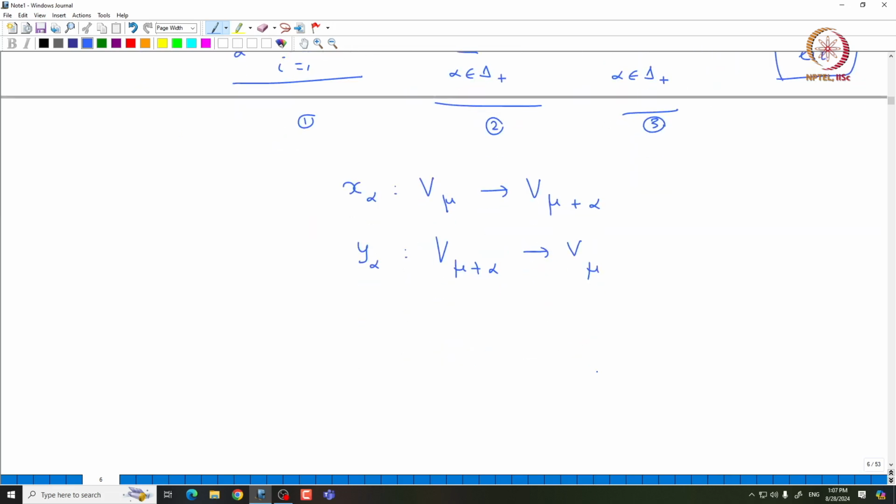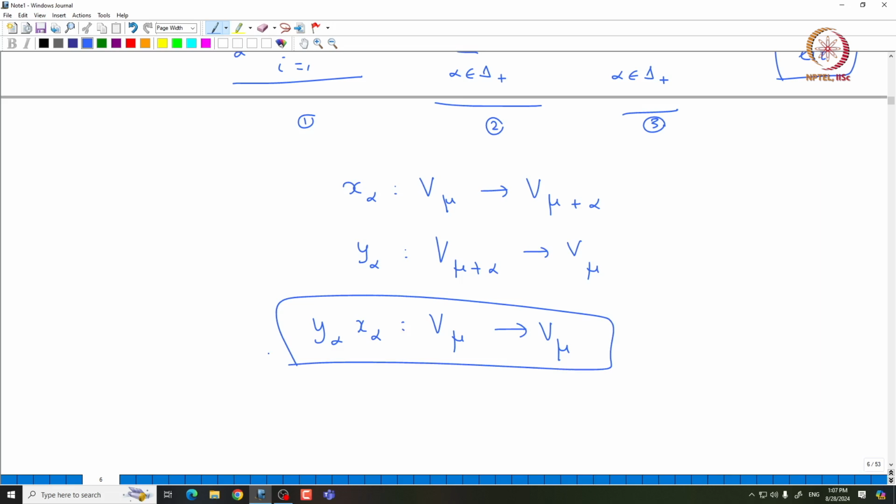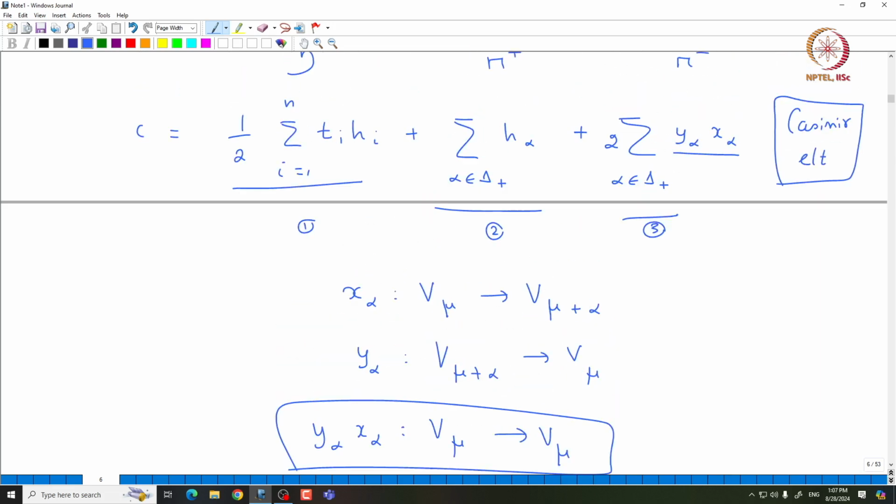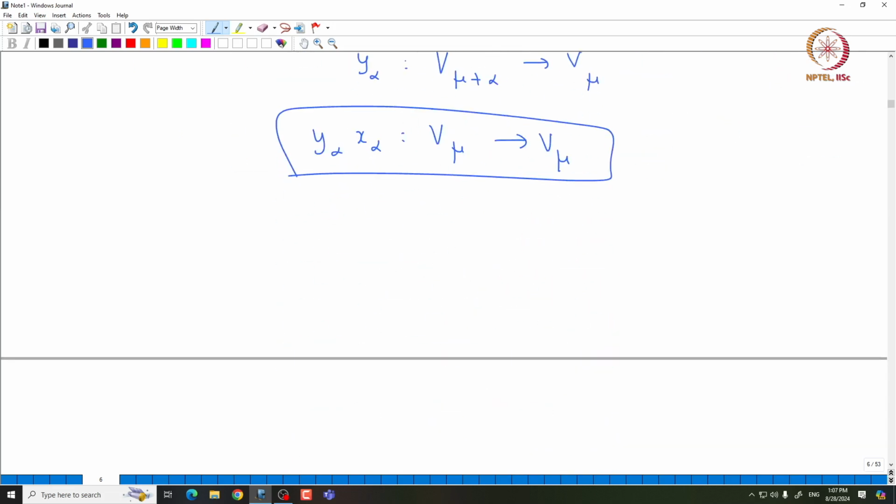If you put them together, you can see that y_alpha x_alpha is going to map V_mu to V_mu. Since this operator maps V_mu to V_mu, one can talk about the trace of this operator acting on V_mu. Each element in this summand preserves V_mu, so one can compute the trace of C restricted to V_mu by computing the trace individually for each summand. Okay, that is what we are going to do.